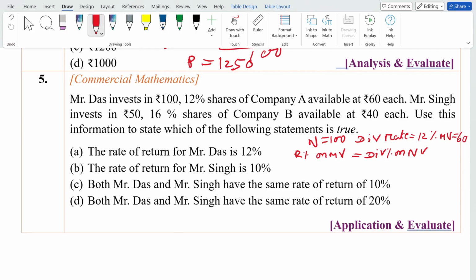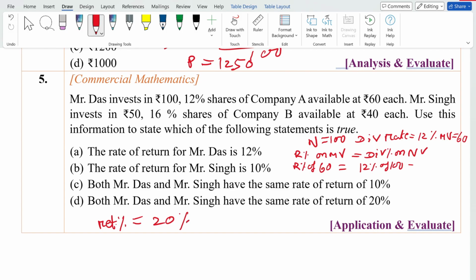Now return percentage R percentage of 60 equal to 12%. Dividend rate is 12% of 100. So your return percentage from here equals 20%.